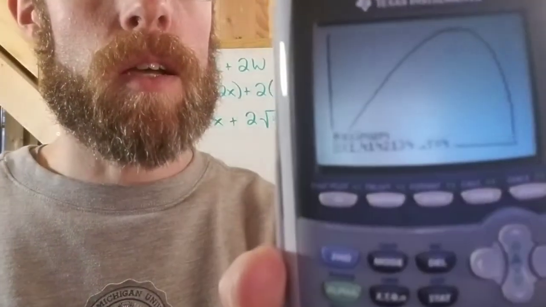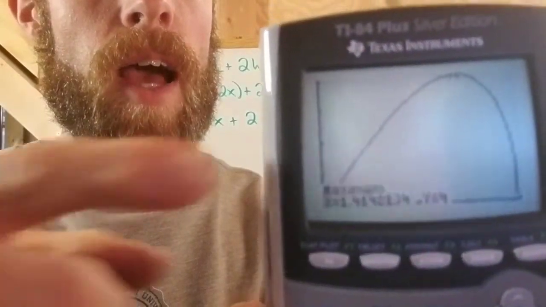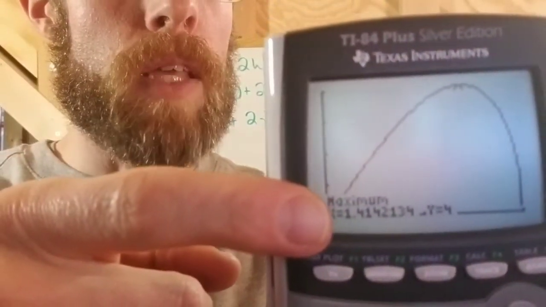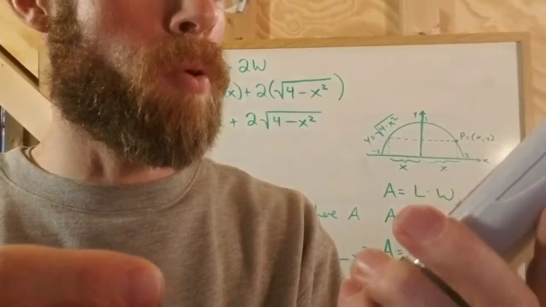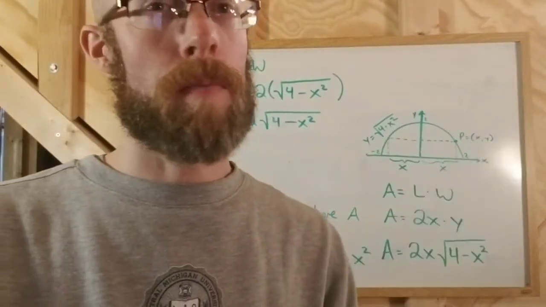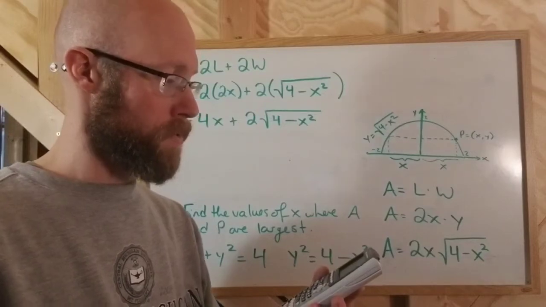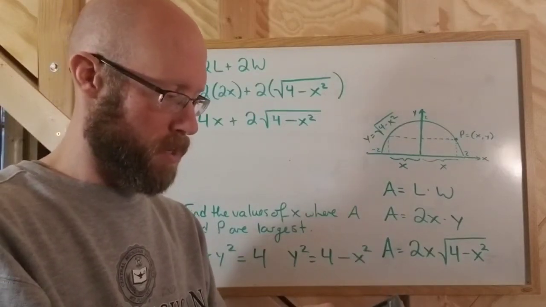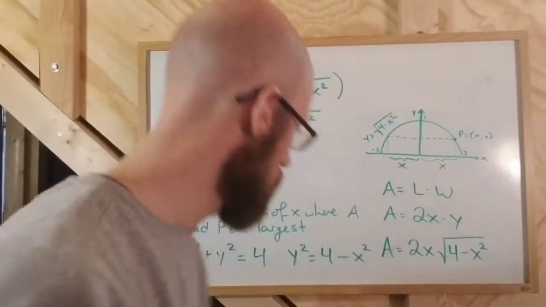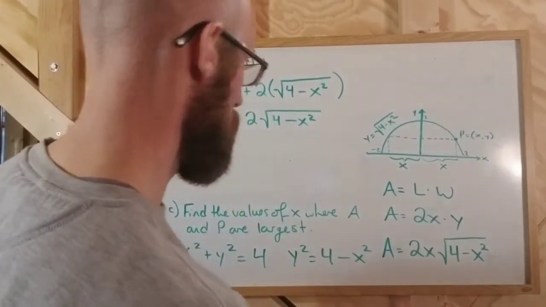So it looks like my x value that gives me that maximum is, what is that, 1.414. If I'm not mistaken, that's the square root of 2. That's a decimal for, let me just double check that. Is that right? Well, here, I'll write the value in there.